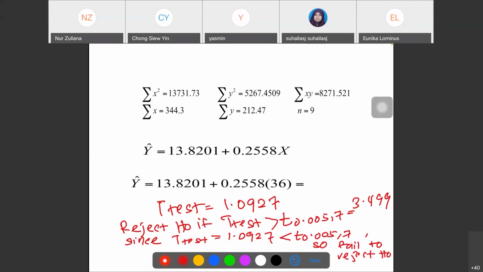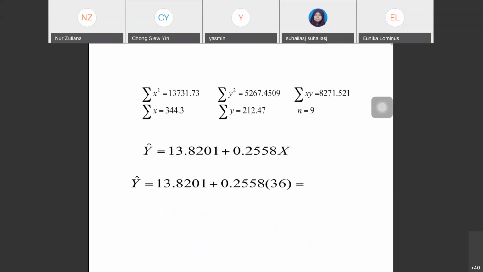That means you accept that your null is beta equals 0, so you conclude that there is no linear relationship between the x and y variables. Or you can answer back the question: we conclude that there is no linear relationship between the x variable and the y variable, which is your PMI.